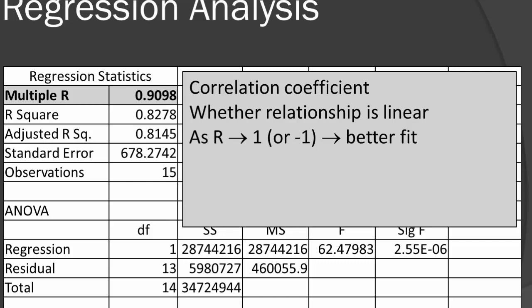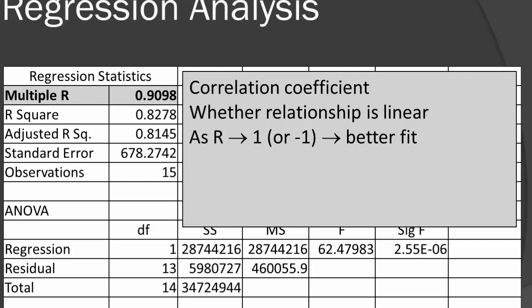If R is very close to 1, that means there is a strong positive correlation between the predictor and the outcome variables. In other words, as the predictor variable goes up, the outcome variable also goes up. If R is very close to -1, there's still a strong relationship, but it is a negative relationship.